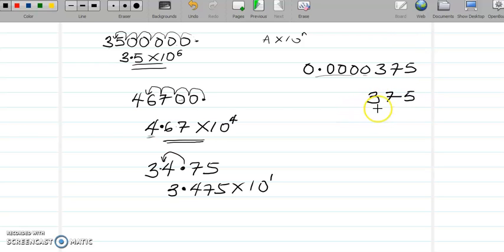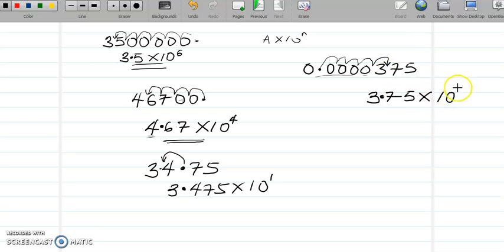Now, where will I place my decimal point? My decimal point should be in between 3 and 7 because 3 is a number between 1 and 10. Okay, so write times what? 10 raised to power what? Now count. How many zeros did I have? 1, 2, 3, 4, 5. See that?